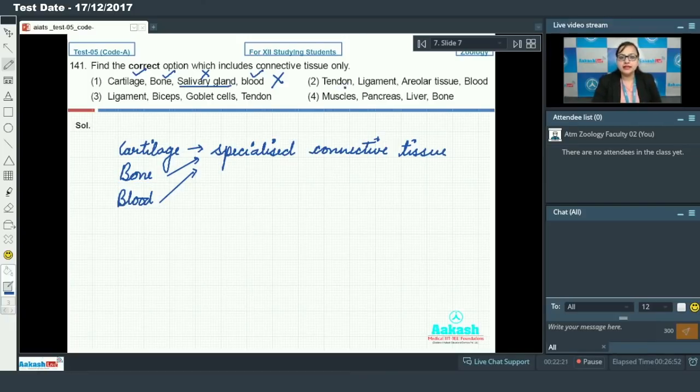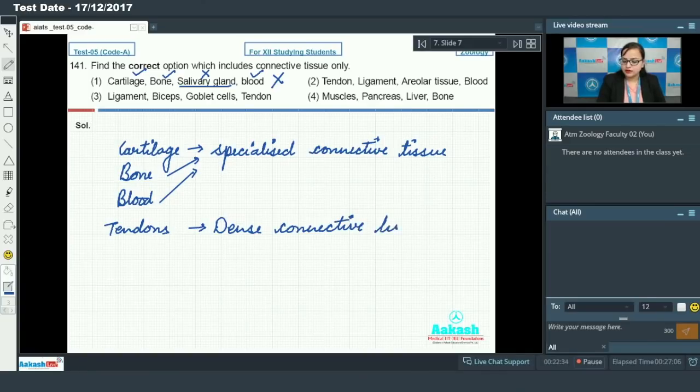Option 2 says tendons. Tendons are dense connective tissue, and they help in attachment of muscle to bones. So it is an example of connective tissue. Then there is ligament. Ligaments are also dense connective tissue and they help in joining one bone to another. Then third is given areolar tissue.